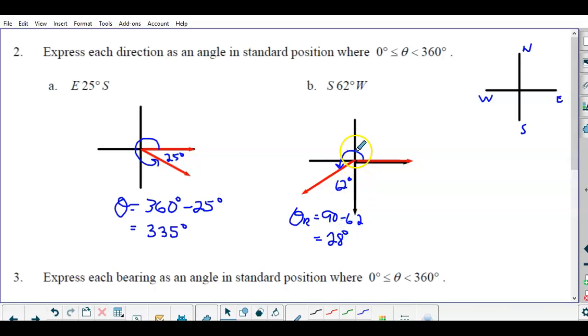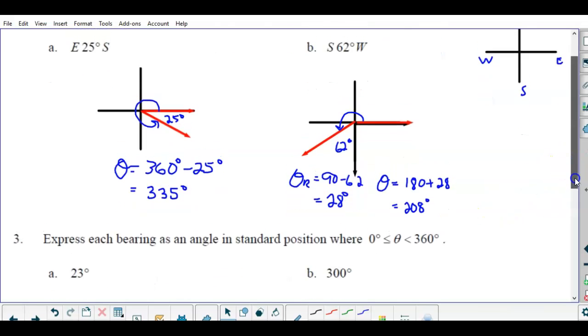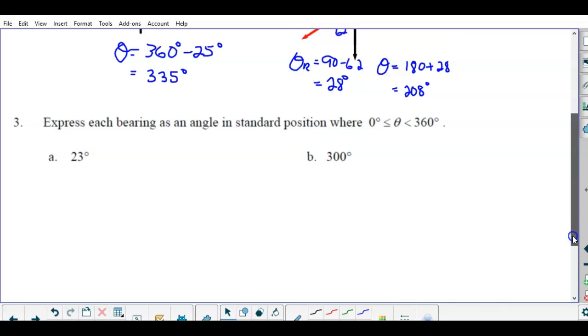And so then our angle theta would be 180 plus 28 degrees. So that's 208. And yeah, so that's looking at directional angles.